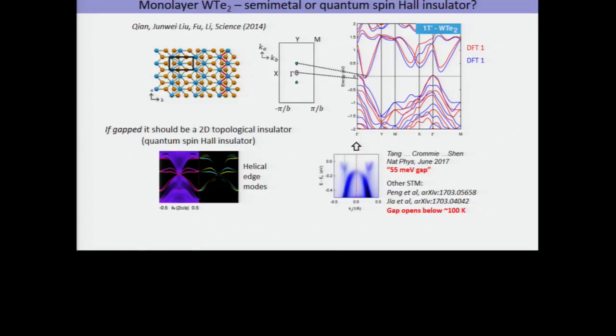Okay, and then you can argue about whether there's actually a gap here, or whether a direct gap, or whether these things overlap. Sorry, an indirect gap. These guys claim that there's a 55 millivolt gap there, in spite of the calculations implying otherwise. Some STM measurements that came out last year indicated that a gap forms as you cool the material.